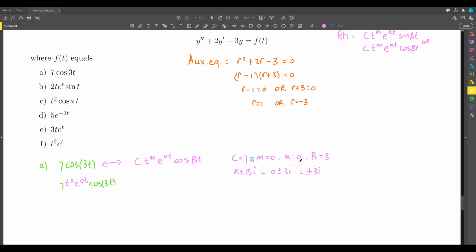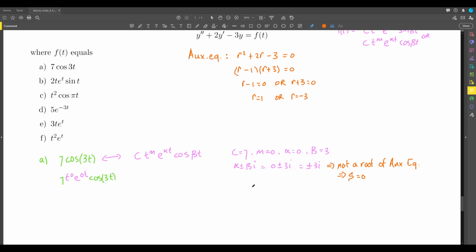And that is not part of the auxiliary equation. So our conclusion is that it is not a root of the auxiliary equation. So that means that our s is 0.